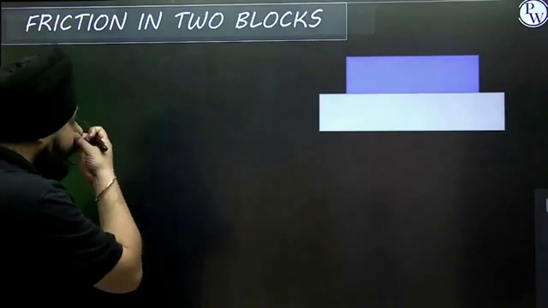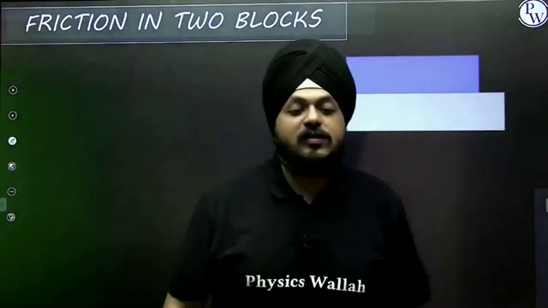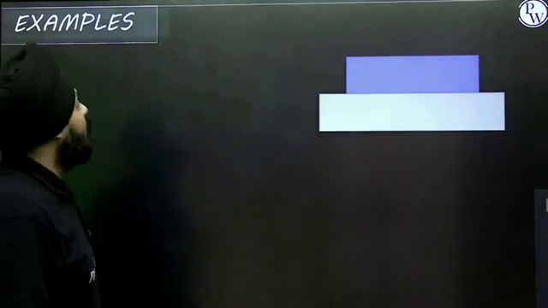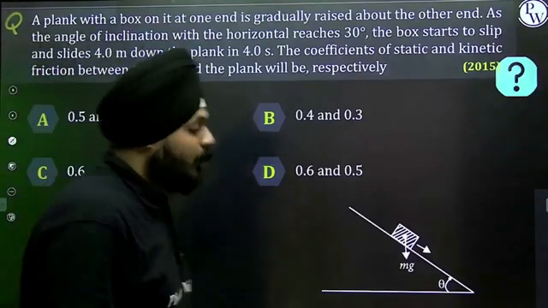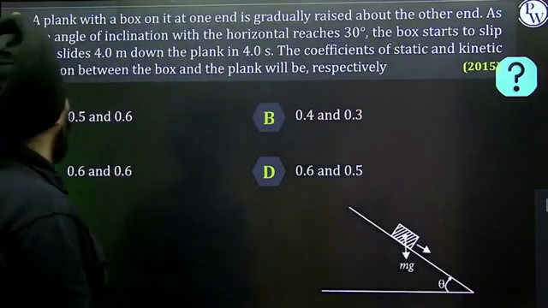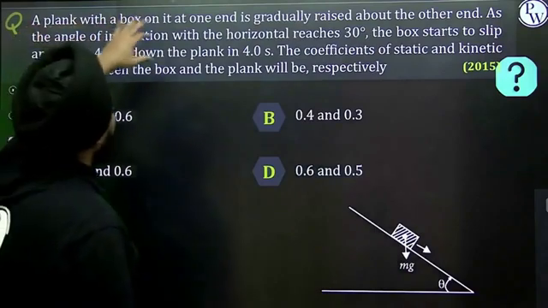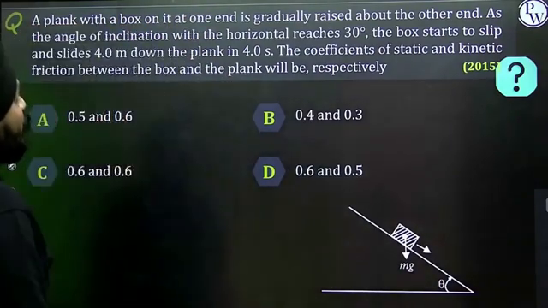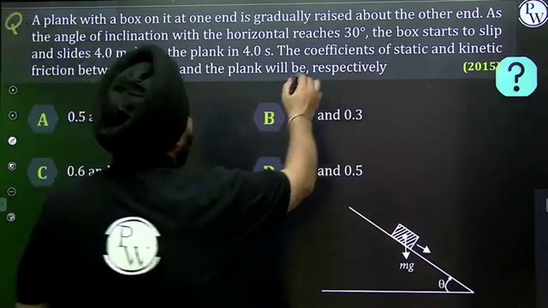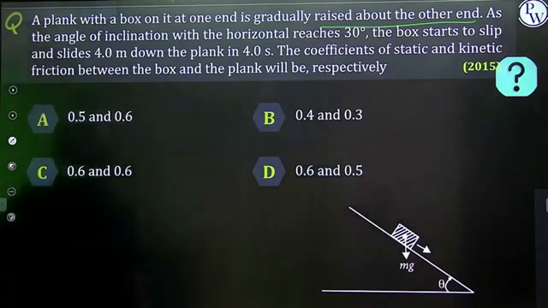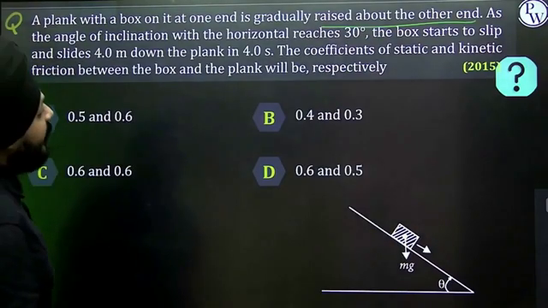Now first of all, let's see sums related to this, and then we are going to solve sums of two block systems. See, there is a plank with a box on it, gradually raised about the other end as the angle of inclination with the horizontal reaches 30 degrees.